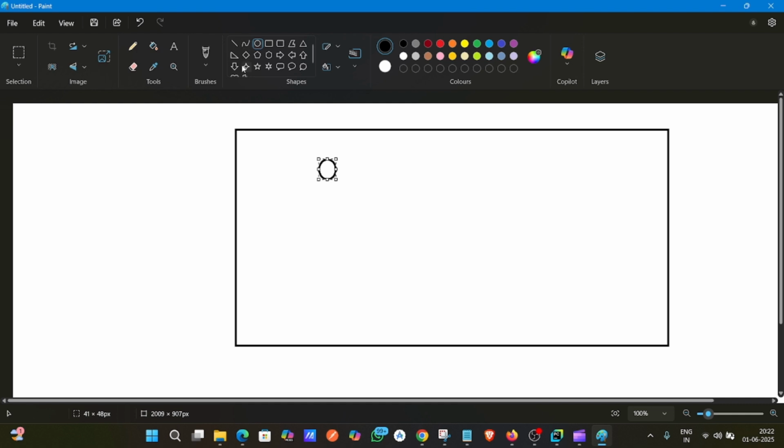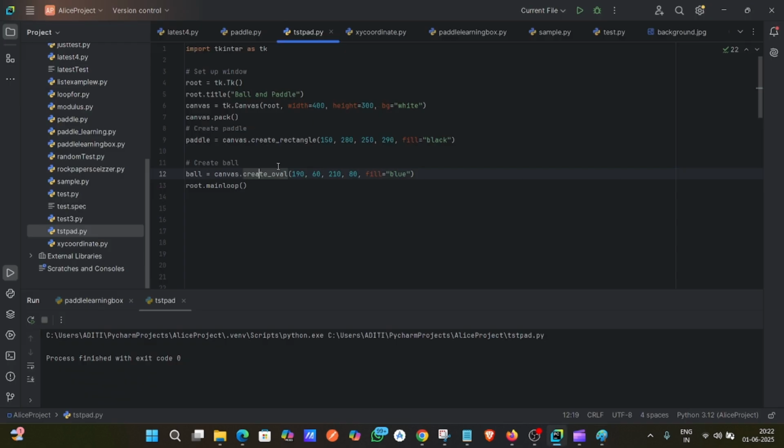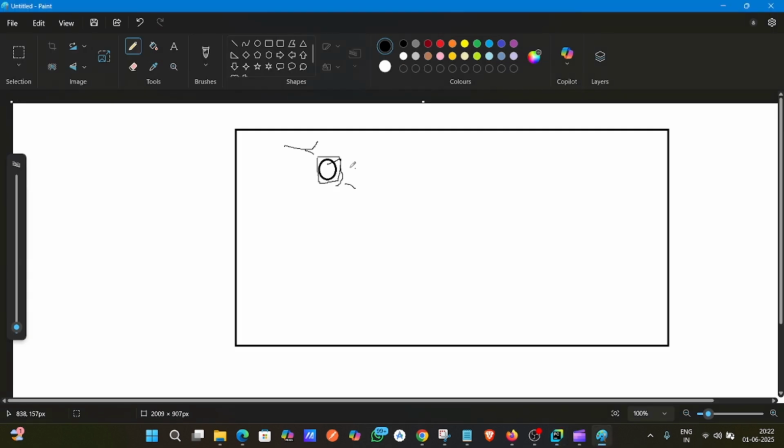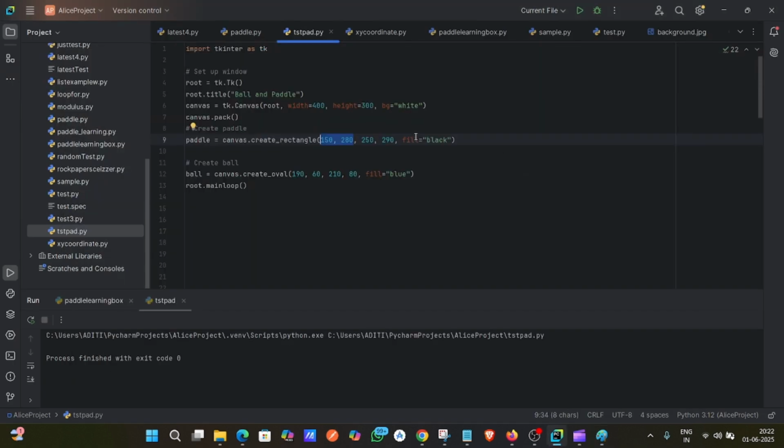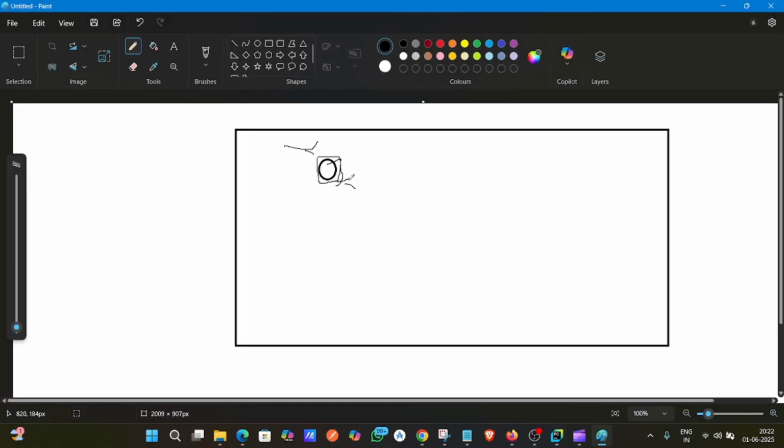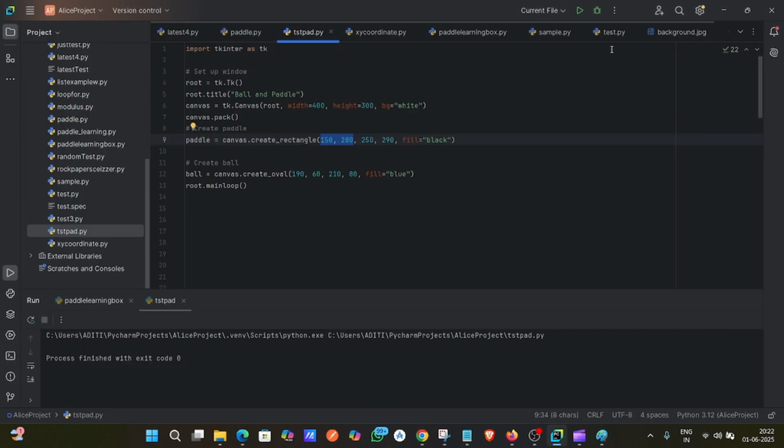Basically it's an invisible rectangle, something like this. Inside this rectangle, this ball is drawn. So this is x1, y1, this is x2, y2. This corner is 150 and 280, x1, y1, and the other corner is 250 and 290. So we'll discuss this in much more detail later. So this is how you need to understand it here. Okay, so let's go ahead.